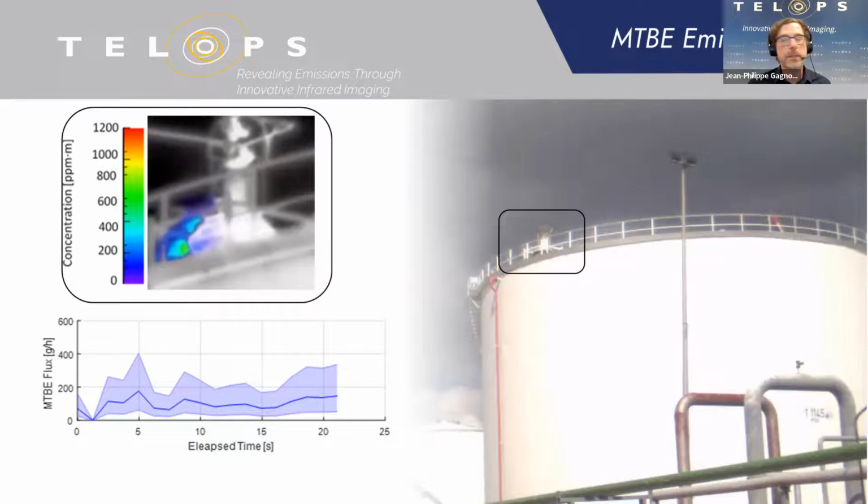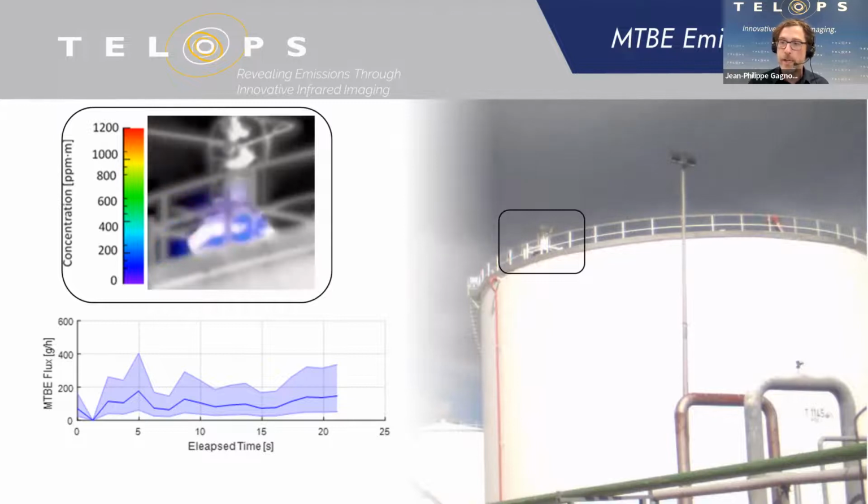One of the components at the top was leaking methyl tert-butyl ether, or MTBE. In that case, we were located 40 meters away, looking at the top of the tank. So in real time, when I was there, we were able to find the leak, identify it as MTBE. And after that, we ran our quantification algorithm, and that's the image that you see here.